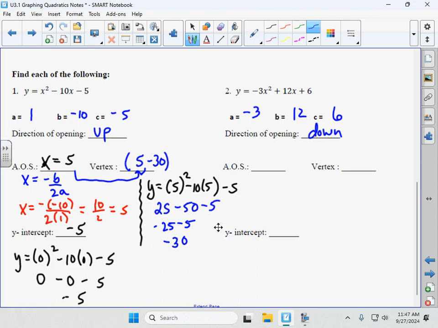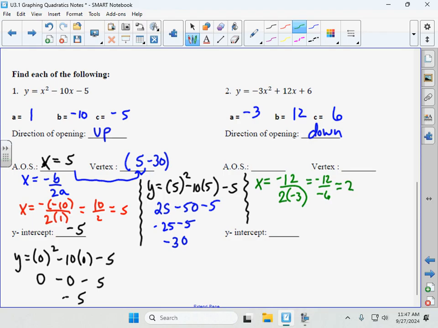Our axis of symmetry, again, we'll use the formula x equals negative b over 2a. So you want to memorize that. So x equals negative 12 over 2 times negative 3. So that's negative 12 over negative 6, which is positive 2.